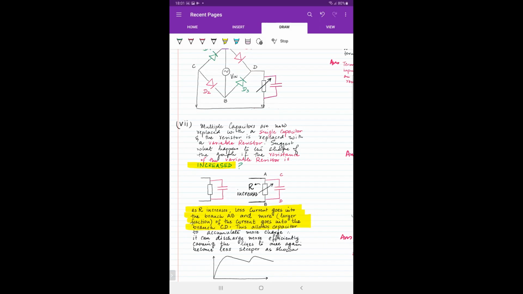This allows the capacitor to accumulate more charge. Therefore, it can discharge more efficiently, causing the lines to once again become less steep as shown.